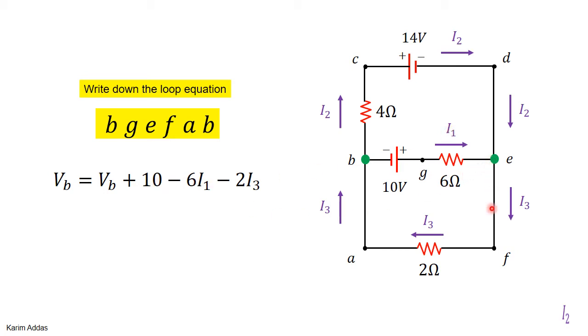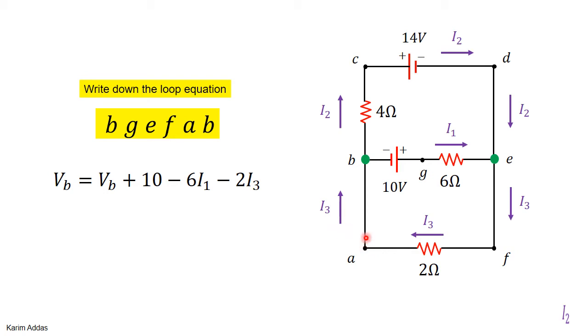Then when I go from E to F, no change in potential because this is an ideal wire. When I go from F to A, again, based on this choice of direction of current, the potential here is higher than here. So if I'm going to see what happens to the potential when I arrive at A, it's lower than F by how much? By 2 times I3. So you get minus 2I3.